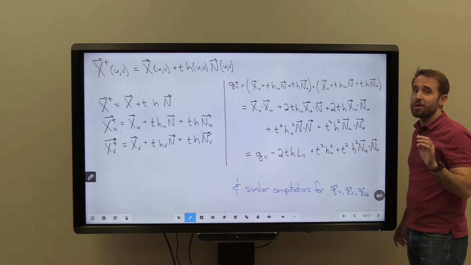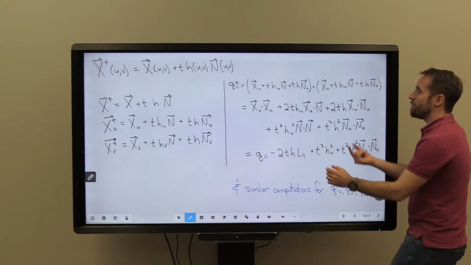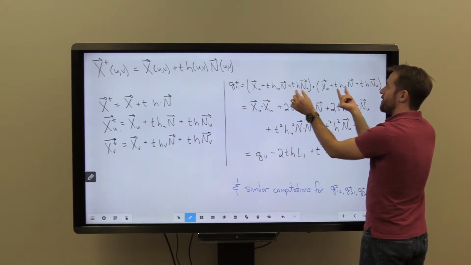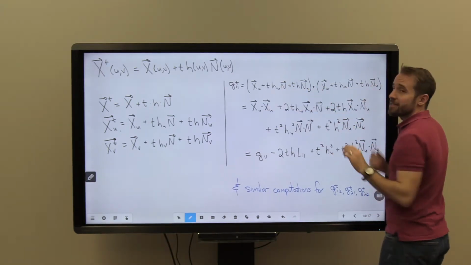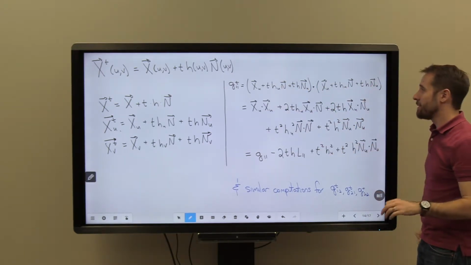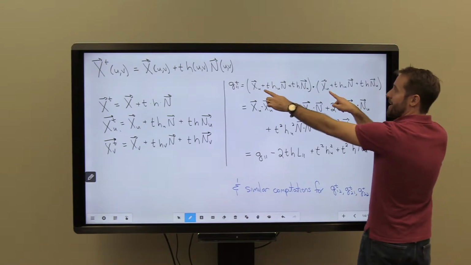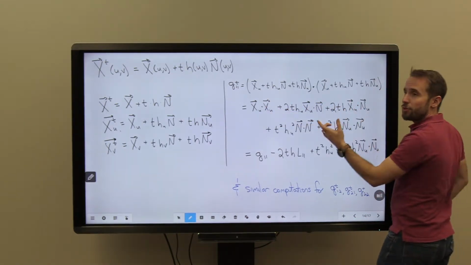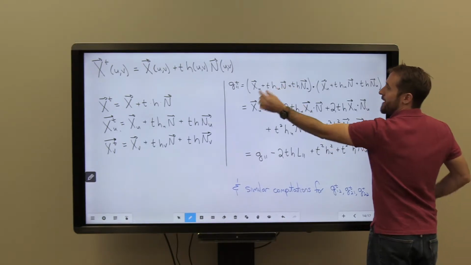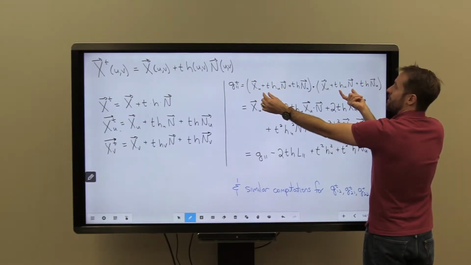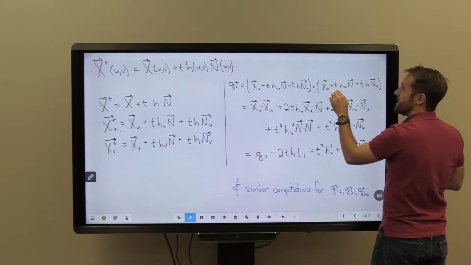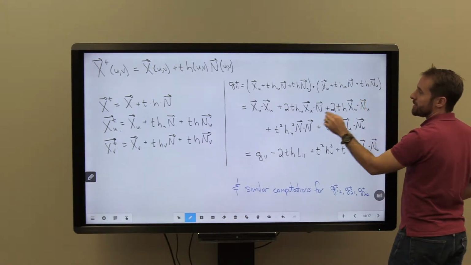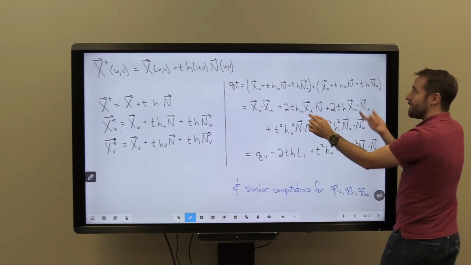Now, in order to calculate that dot product, I'm going to have to multiply in each and every one of these terms, because the dot product distributes linearly. So I get x sub u dotted with x sub u. I get 2 copies of x sub u dotted with the second term, so that's t times h sub u times x sub u times n.